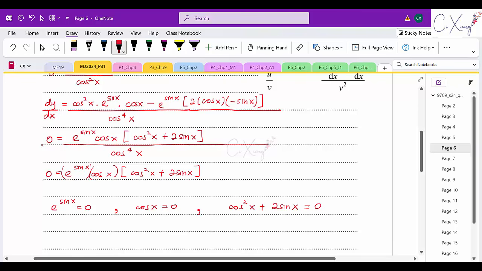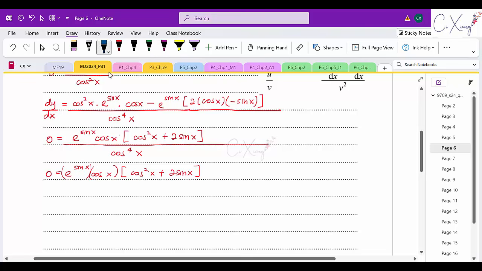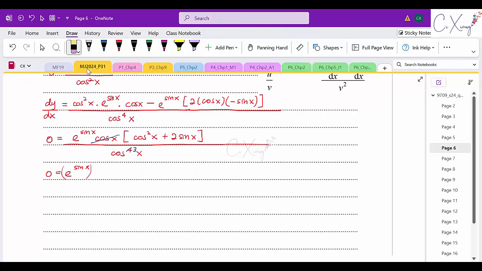Okay, then yeah, before I solve it, maybe I have to simplify them first. I realized that I can actually simplify something. I can simplify this one, cos x and also cos power 4, it will become cos power 3. Okay, therefore on top I have no more cos x.